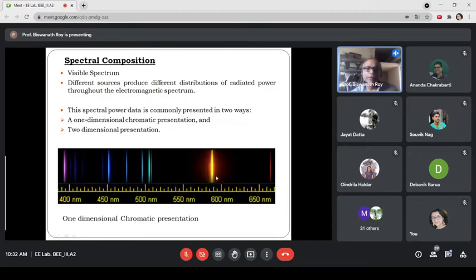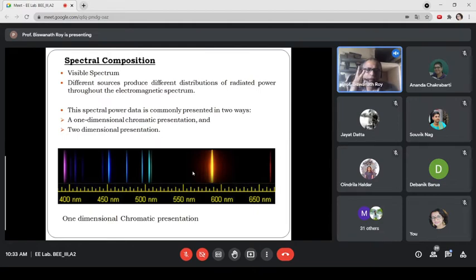Suppose the same optical power is contained in the wavelength around 580 nanometer, or the same optical power is contained in the region of 450 nanometer, we can identify the two different components as two different colors by virtue of our visual system. This is the beautiful attribute of our visual system, right?